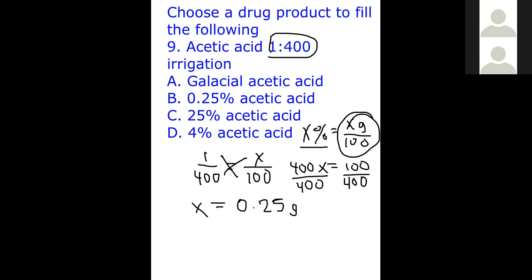And remember, we convert grams, so we get rid of grams and put in a percent symbol. So that means that our answer is B. Okay, 0.25% acetic acid is the drug that we're going to pick up from the counter and prepare for administration to the patient by a nurse.